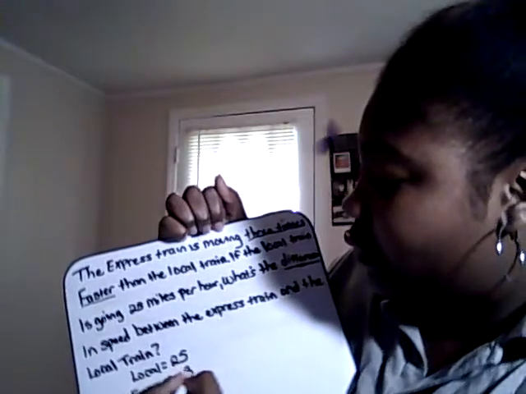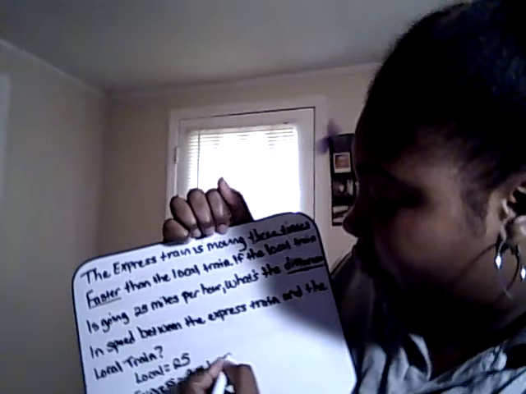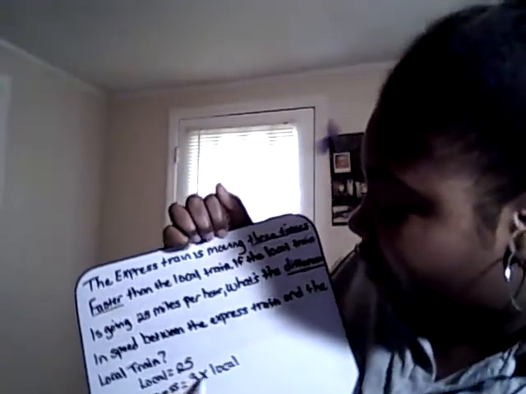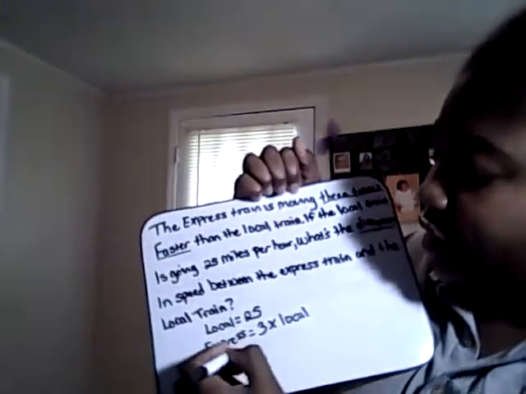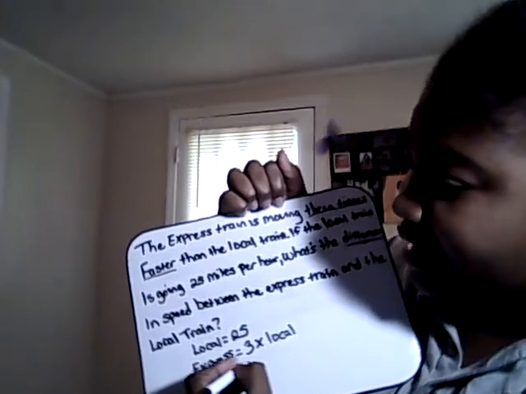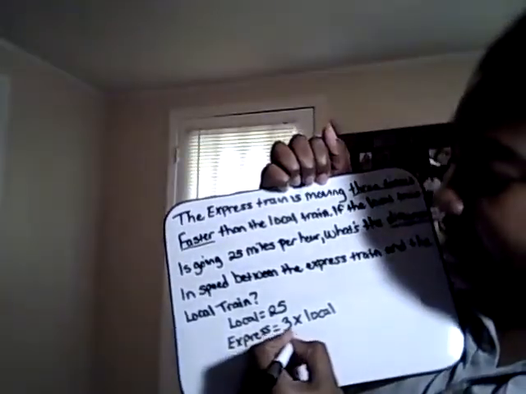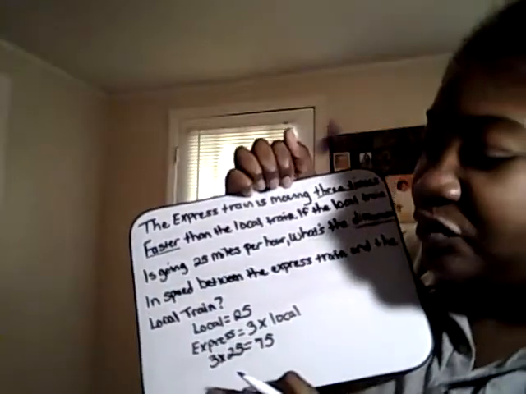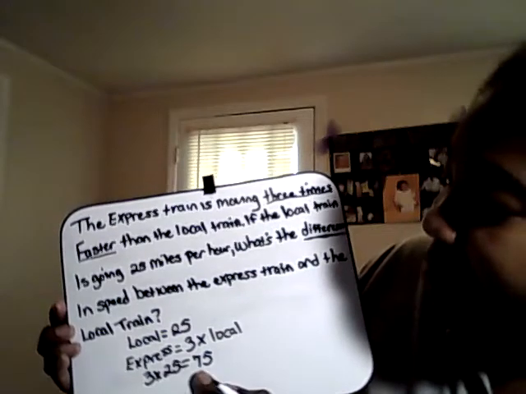So 3 times local train, and the local for this one is 25. So we're going to say 3 times 25. And 3 times 25 is 75. Okay? So the express is 75 right now.